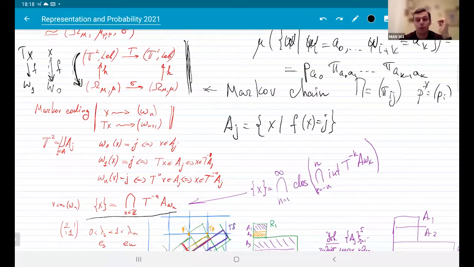In fact, we need a bit more delicate definition. Our AJs will slightly intersect. In fact, they're just closed rectangles on a torus, or in the general case parallelograms.